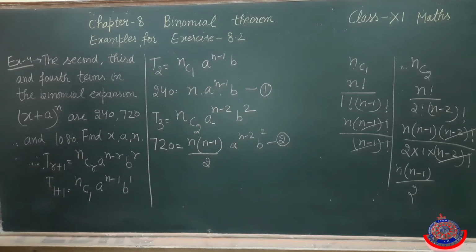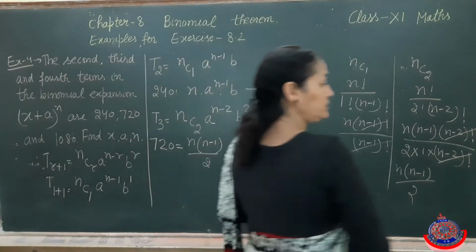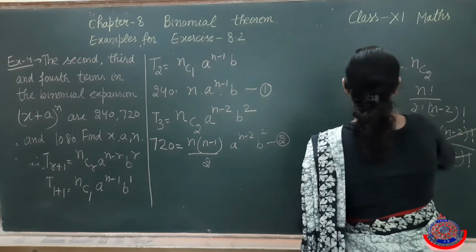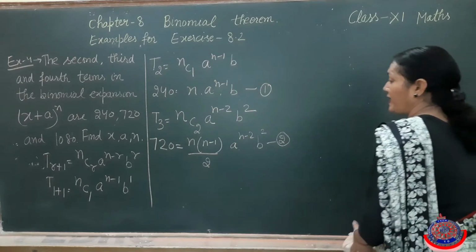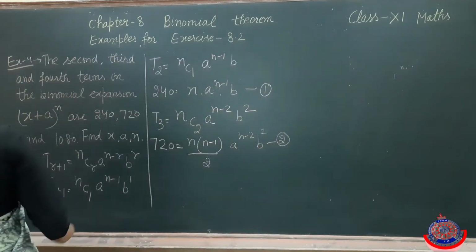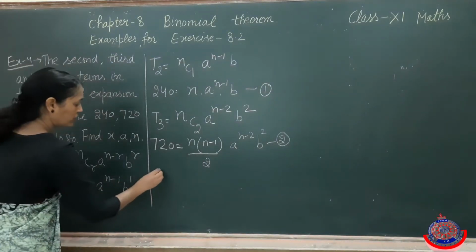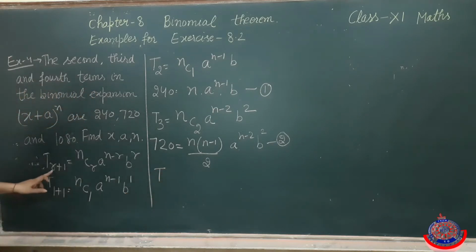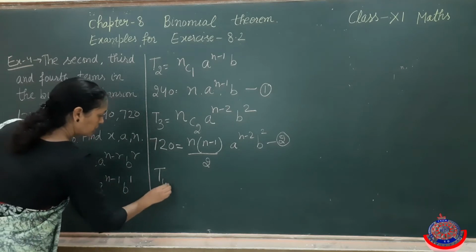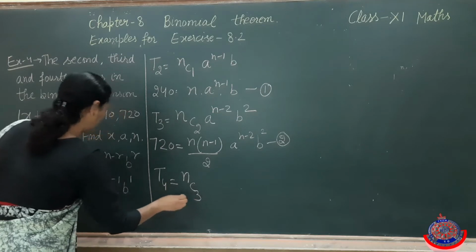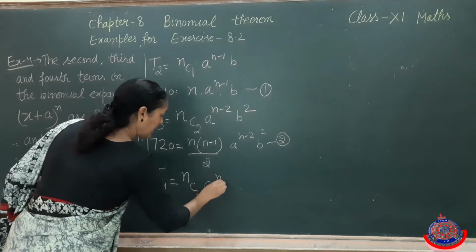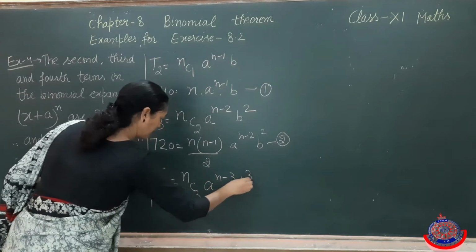Same way, if we write the fourth term, r as 3, the fourth term would be nC3 a^(n-3) b^3.